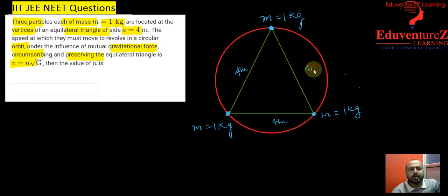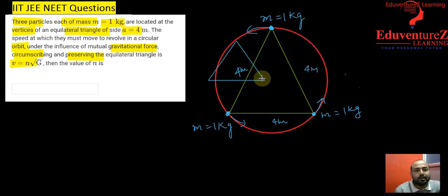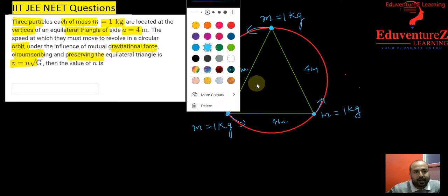This one is an equilateral triangle, and the particles are moving in a circular path, and the shape of the triangle is also not disturbed. Means this one is moving in this direction, this one in this direction, and this one in this direction, and the shape is maintained. After some time the equilateral triangle will be like this.